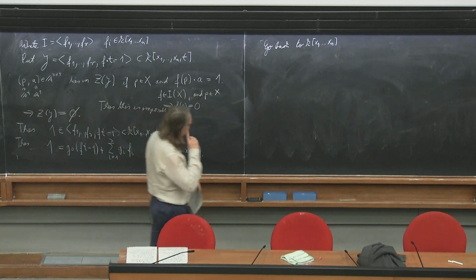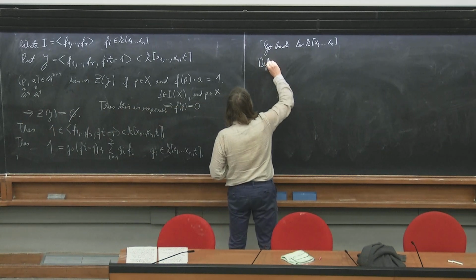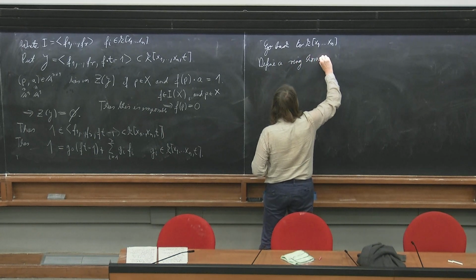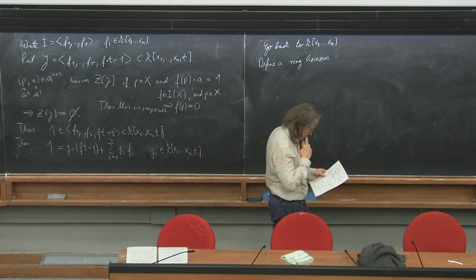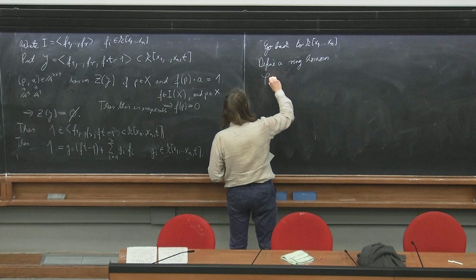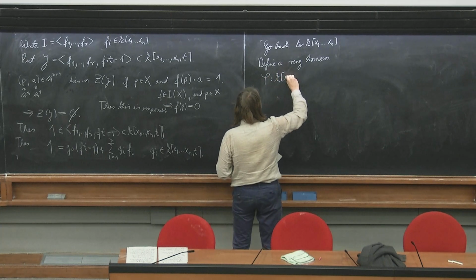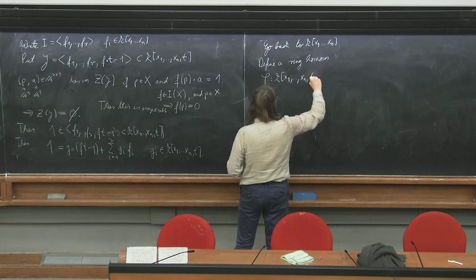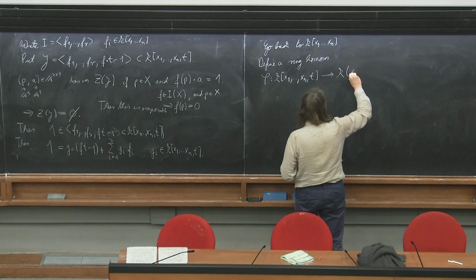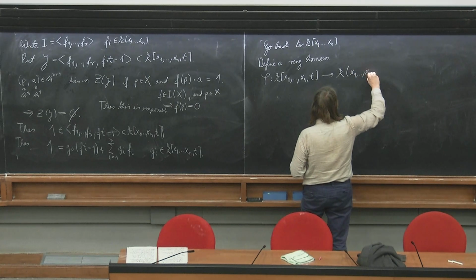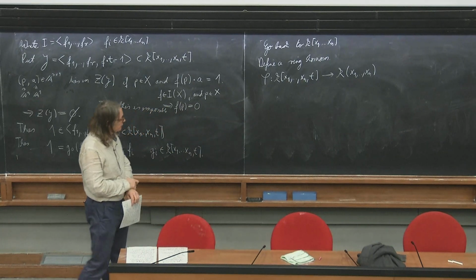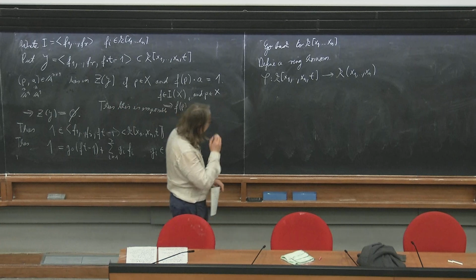So we define the following ring homomorphism from this polynomial ring in n plus 1 variables to the field of rational functions in x1 to xn, which we had seen last time, defined as the field of fractions of polynomials in x1 to xn.